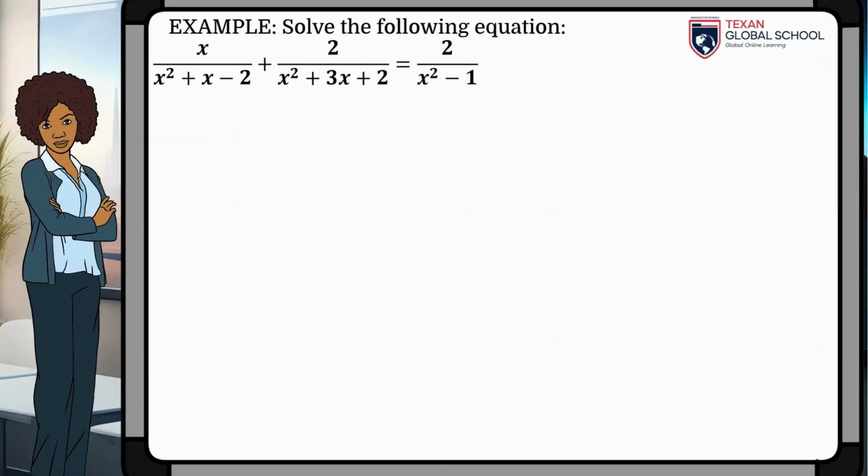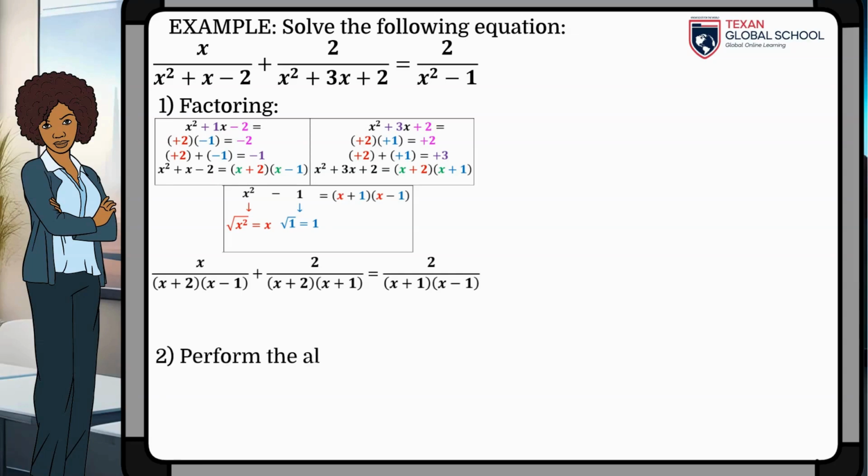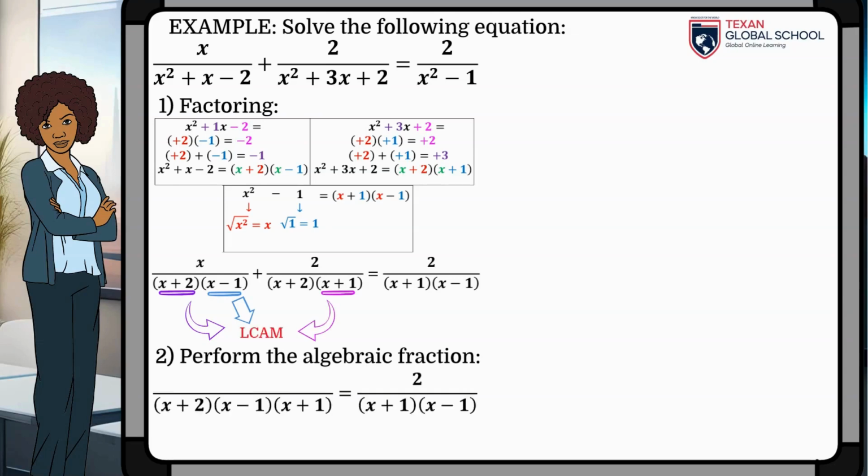We will solve this last example by performing operations with algebraic fractions. In any case, we must factor the denominators first. The least common multiple of the algebraic expressions is x plus 2 times x minus 1 times x plus 1. Now, use the same algorithm to add or subtract fractions.